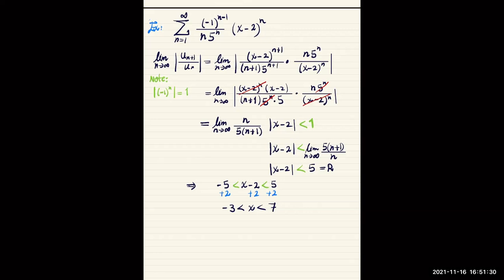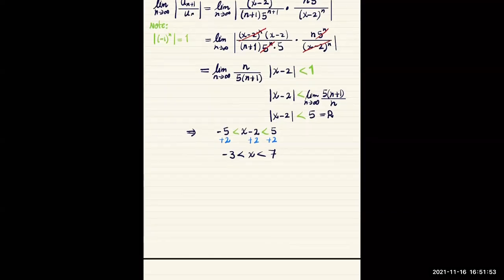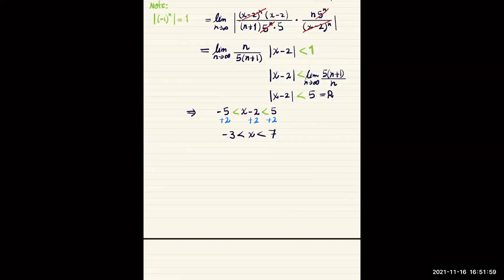If you choose any of these x values and plug them in, it's going to make this thing r to the n, where r is between -1 and 1. It's going to act like a convergent geometric series. That's what's going to happen. We know that the series will converge absolutely for x between -3 and 7.